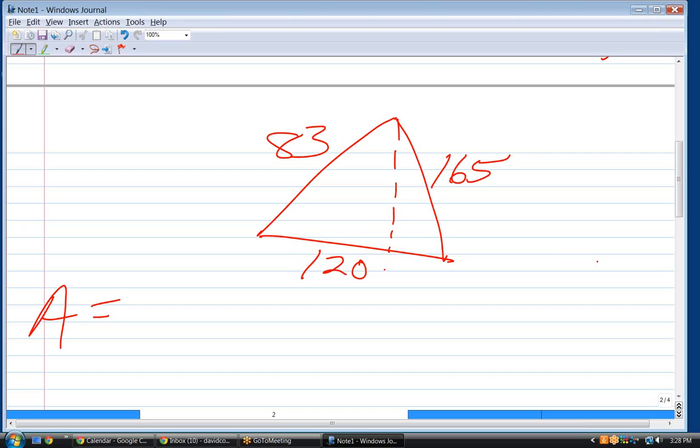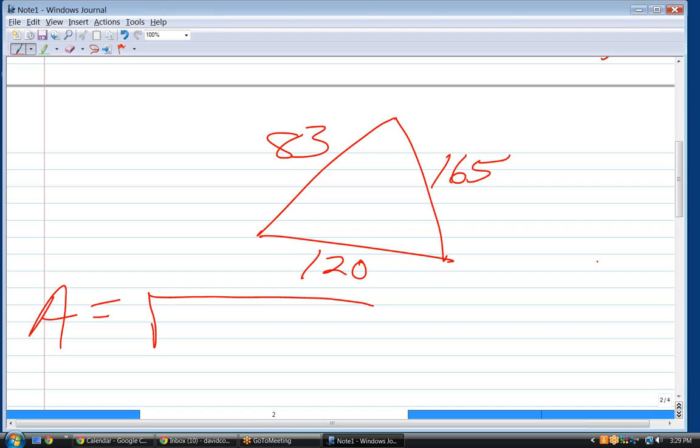Yeah, there's a trig formula for the area of a triangle. What is it? Is it A equals the square root of, or no, S? There's actually a bunch of them.